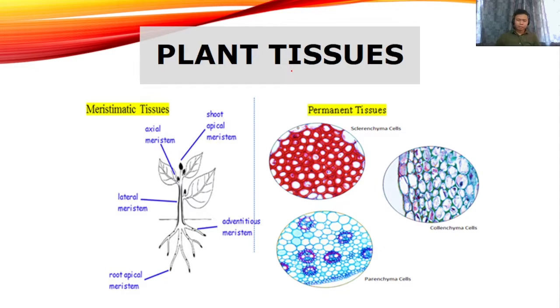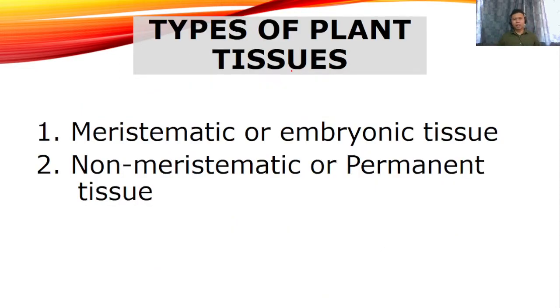So moving forward, let's go first with the types. Meristematic is also called embryonic tissue, but usually we use the term meristematic tissue. And we also have the non-meristematic tissue. They can be termed permanent tissue.